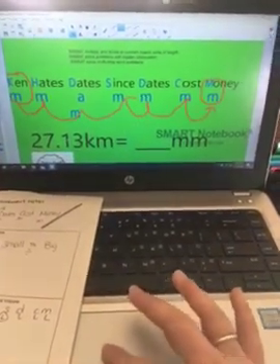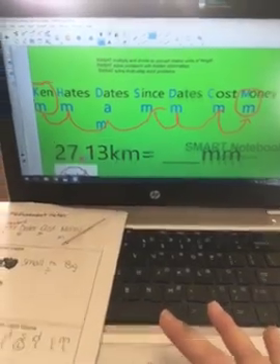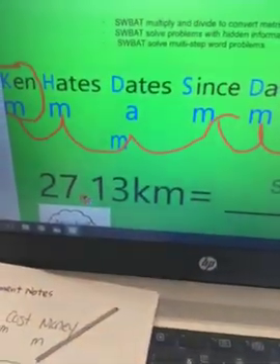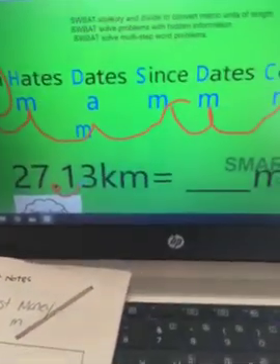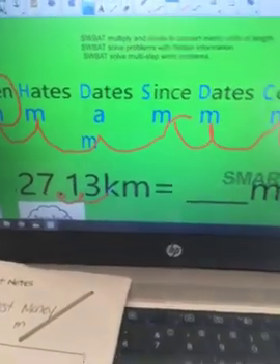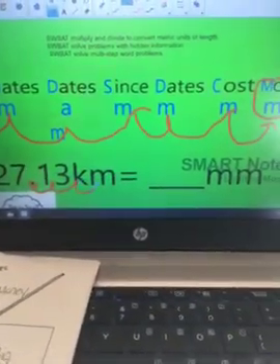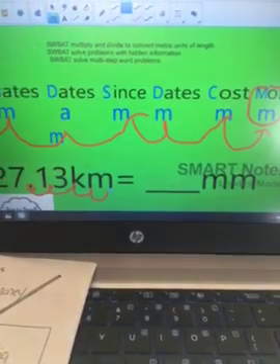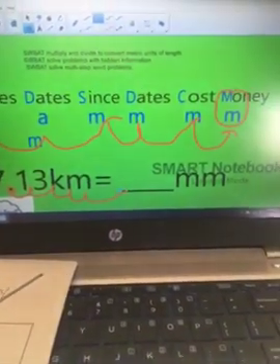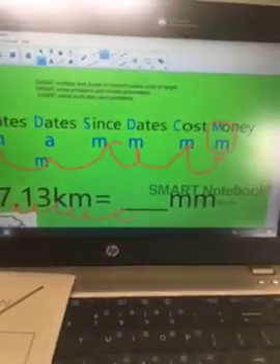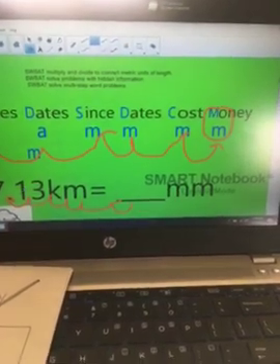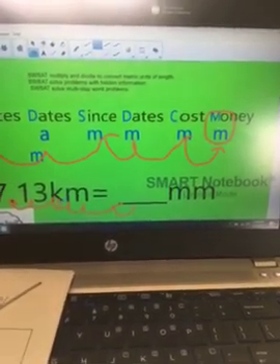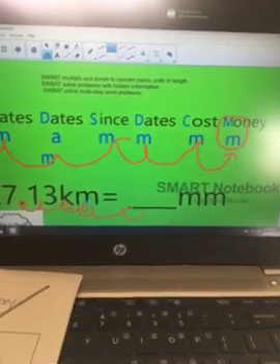That means you're going to take this decimal point and scoot it over 1, 2, 3, 4, 5, and 6 places to the right. You're going to have all these additional places filled with zeros.